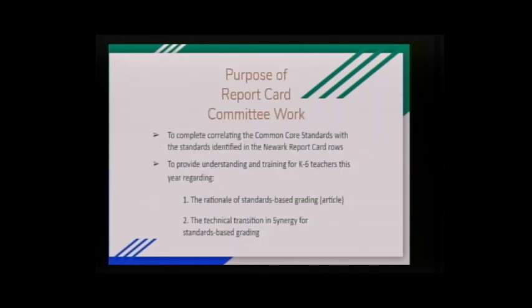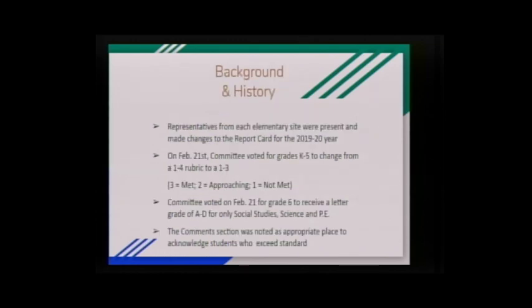Excuse me, but that was only for social studies, per your note there, in social studies, science, and PE. Correct. So some subjects are going to get 1 through 3, and then other subjects a letter grade. ELA and math would get 1 through 3, and then specifically social studies, science, and PE would get a letter grade. So I wonder who makes up the committee that voted on this?